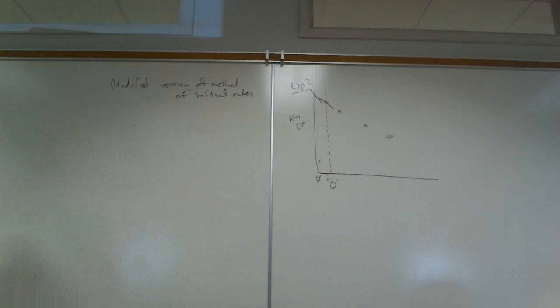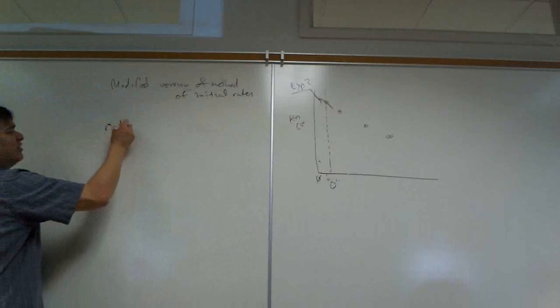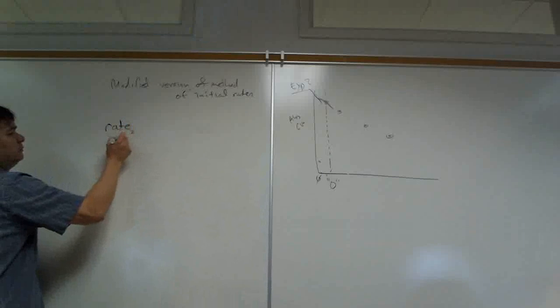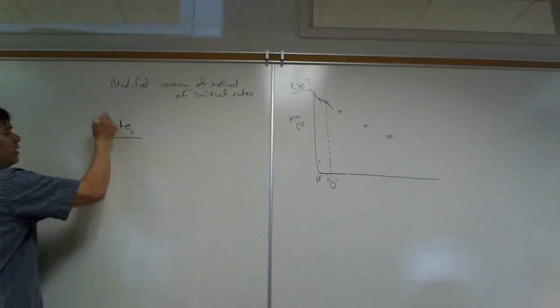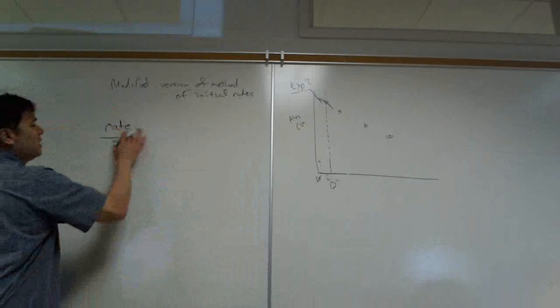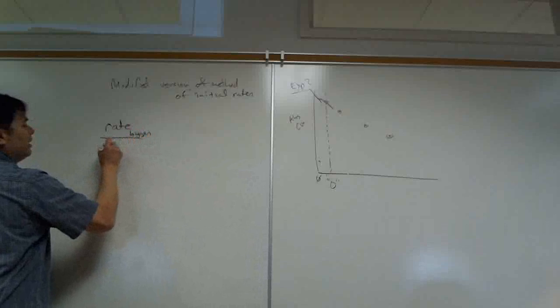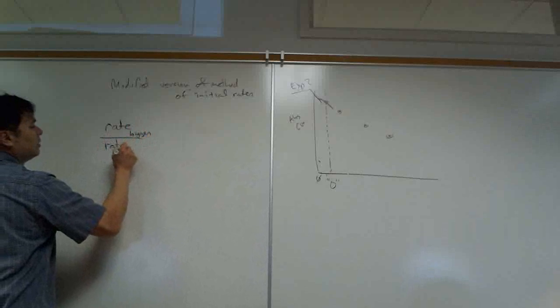This is the modified version of the method of initial rates. In the method of initial rates, we usually take the bigger rate, let's say rate 2 over rate 1. Maybe I shouldn't use 2. I'll just say rate bigger over rate smaller.